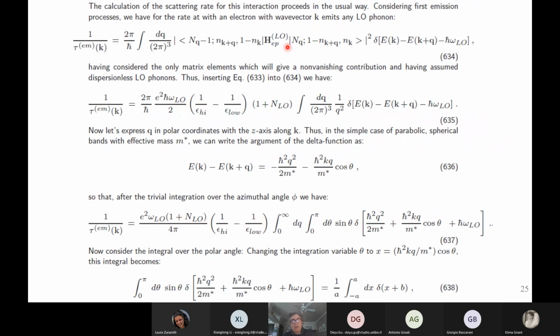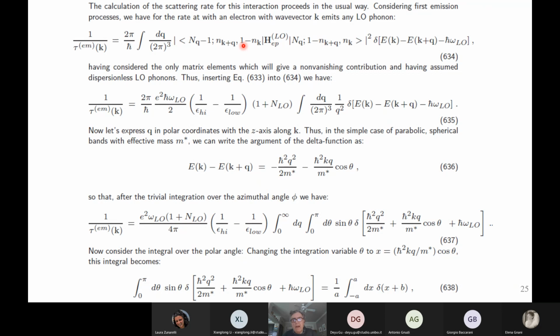The algebra is a little more complicated. We have to calculate the electron-phonon scattering rates with this. Again, this is the usual matrix element expressed in its full glory, accounting for the phonon occupation factors and the electron occupation factors. As usual, we simplify. We consider only the non-degenerate electron gas, so n over here can be ignored.